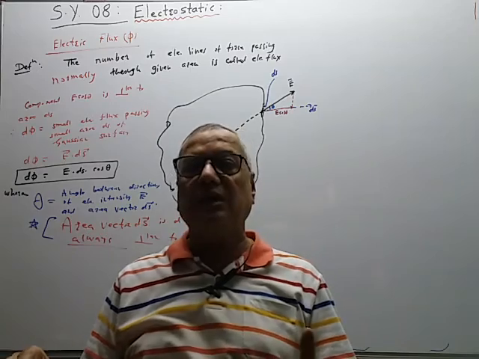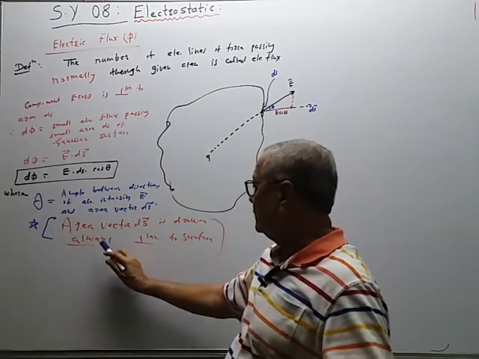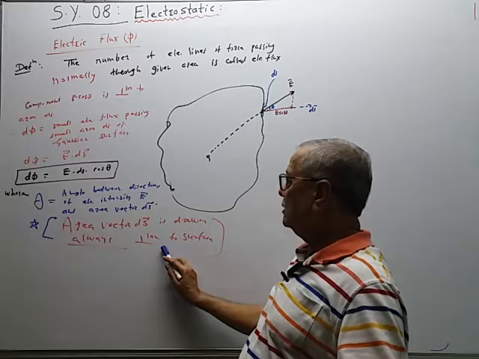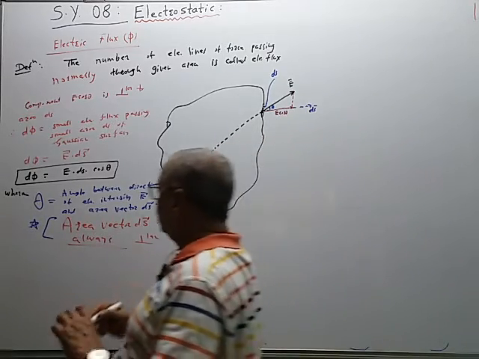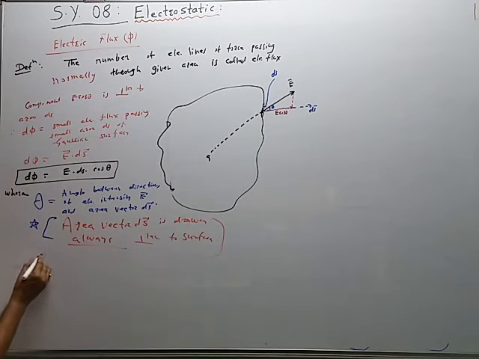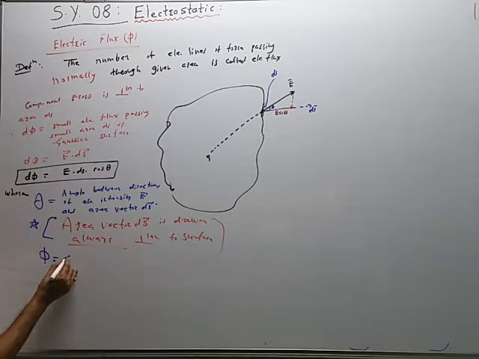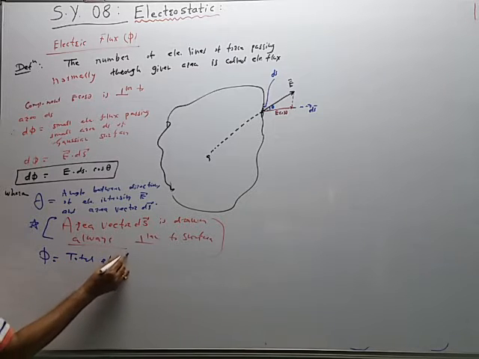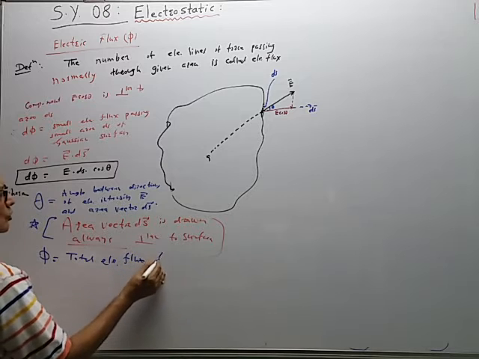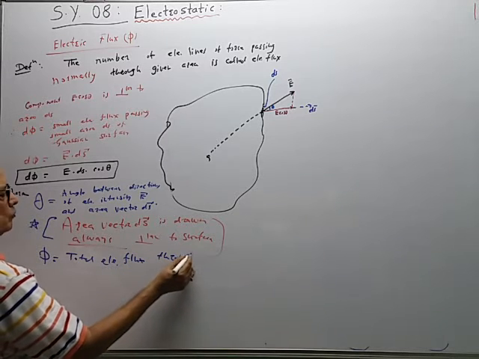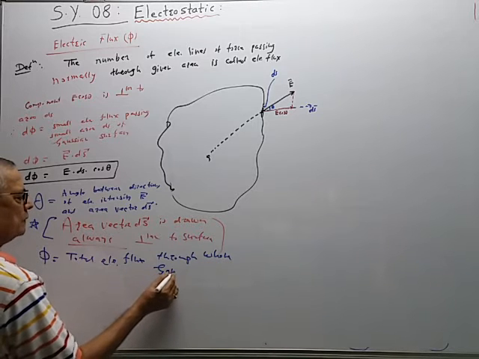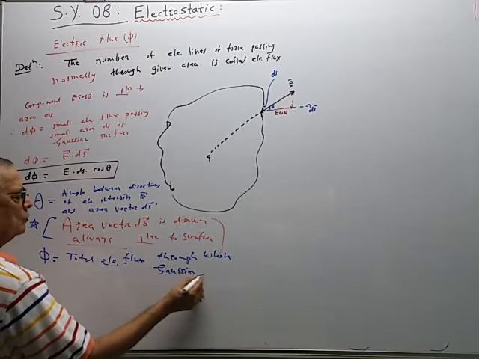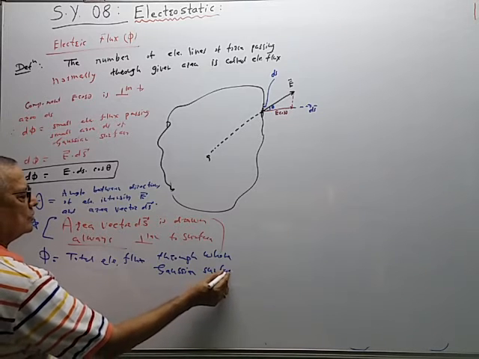It may be small, it may be large, but area vector is always drawn perpendicular like this. Now, if you want to find the electric flux through the whole surface, it is denoted by phi. Phi is equal to total electric flux through the whole Gaussian surface.